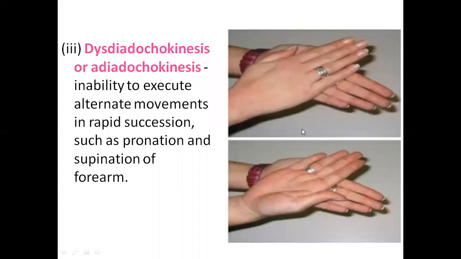Dysdiadochokinesia: if you are able to rapidly show the dorsum and palmar aspect of the hand, fine; if you cannot do this, that is dysdiadochokinesia. It is the inability to execute alternate movements in rapid succession, such as pronation and supination of the forearm. This is called either dysdiadochokinesia or adiadochokinesia.